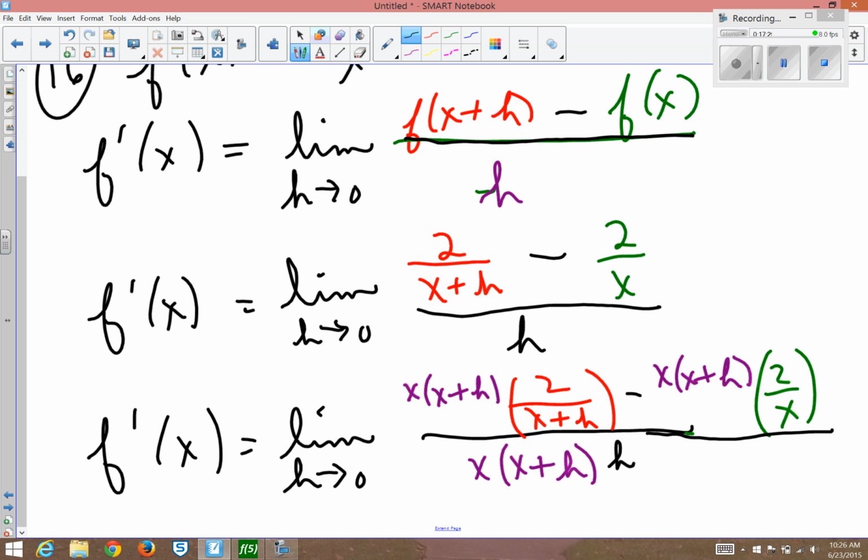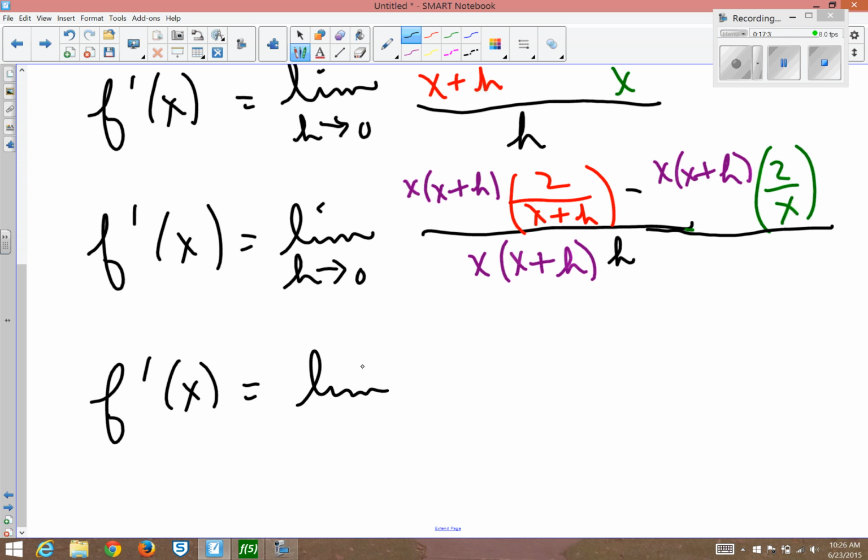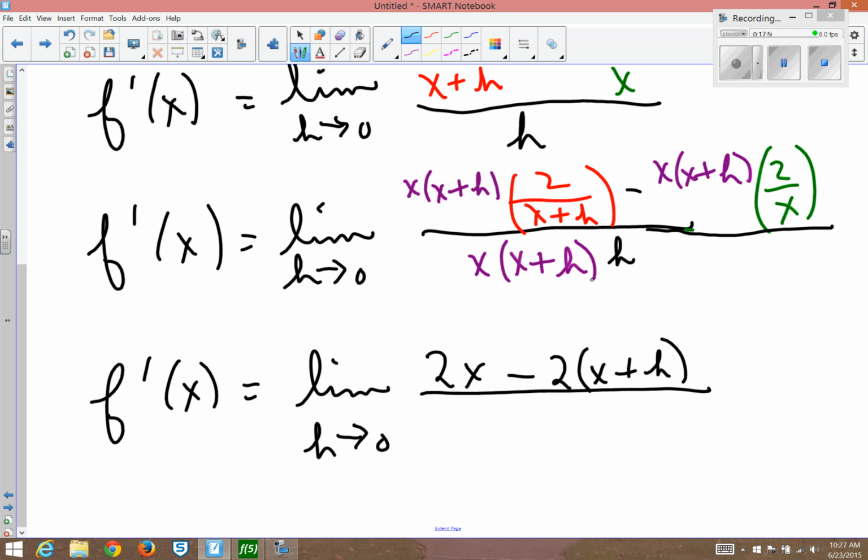So f prime of x equals the limit as h approaches 0 of 2x minus 2 parentheses x plus h all over this purple and black. I'm just going to copy.